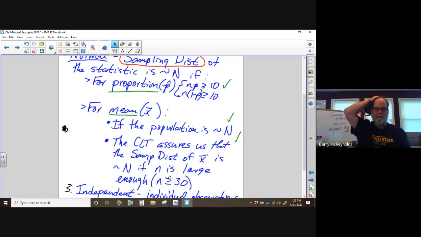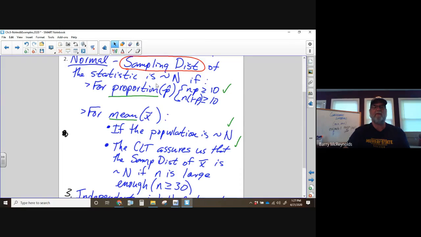So the second condition for inference is that our sampling distribution is normally shaped, and we know it can be normally shaped for a proportion under these conditions, and for a mean, it's one of these two. Either the population is normal to begin with, or the central limit theorem covers us.